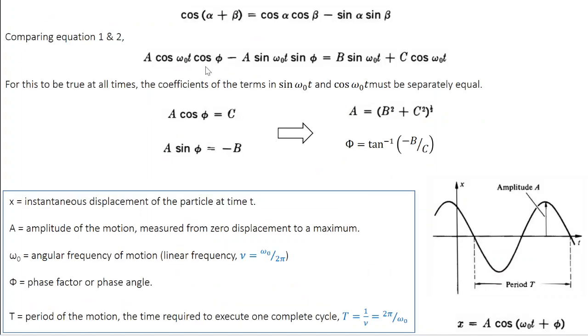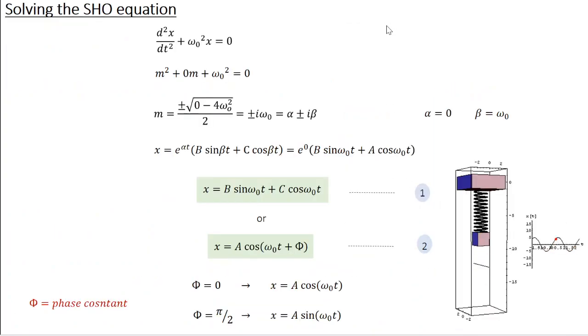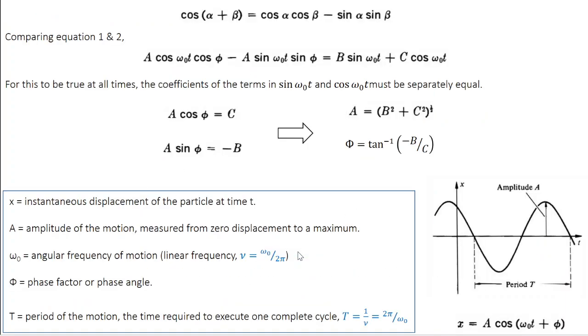We all are familiar with the trigonometric relation cos alpha plus beta equal to cos alpha cos beta minus sin alpha sin beta.